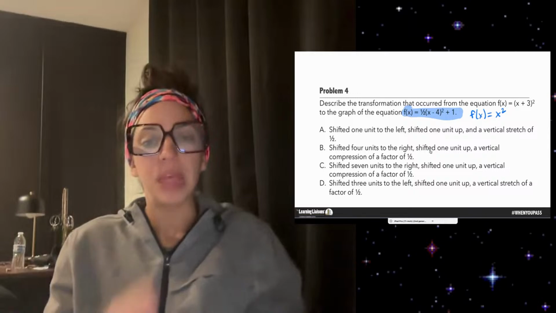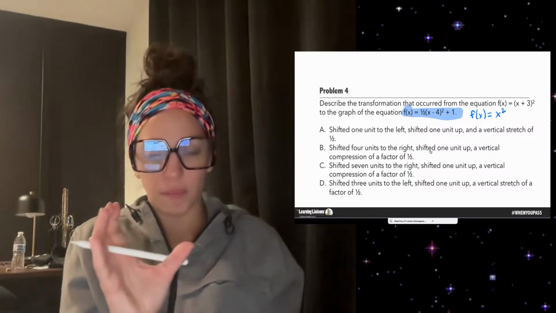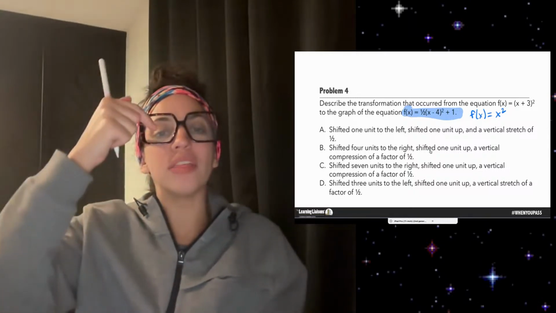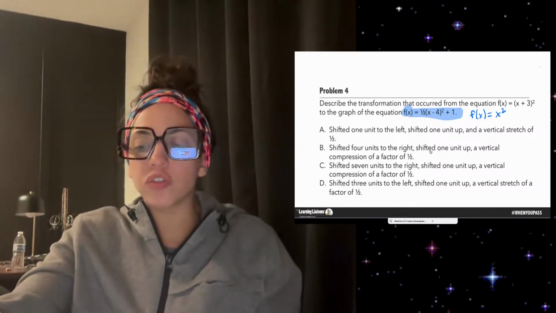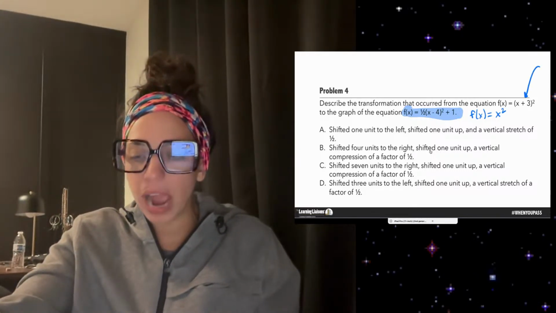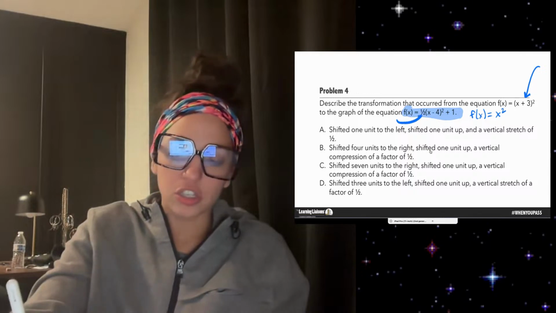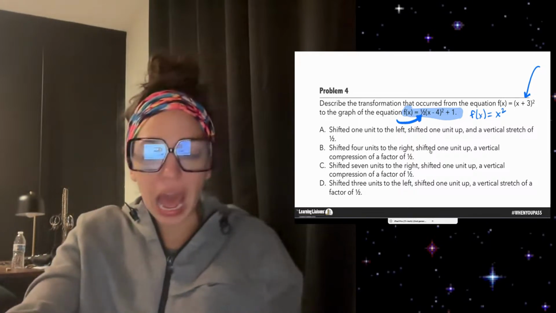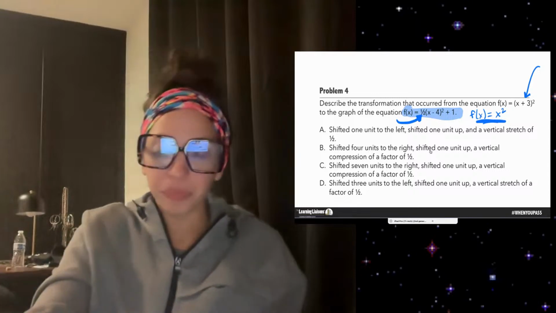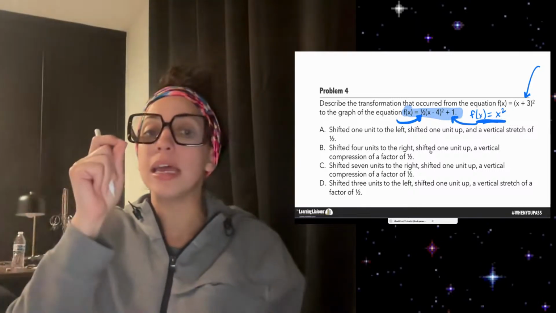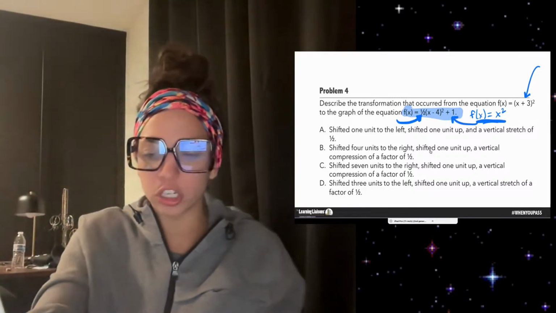That is the number one error people are going to make. But what they asked us to do is describe the transformation from this graph to this graph, not from our original, our OG, to this graph, which is 90% of the time what we're doing.